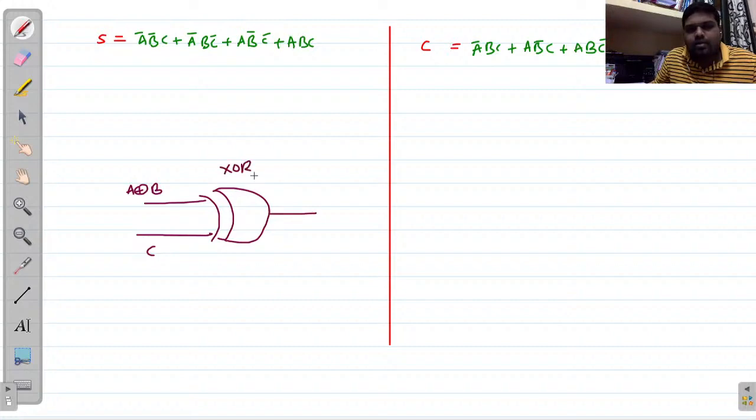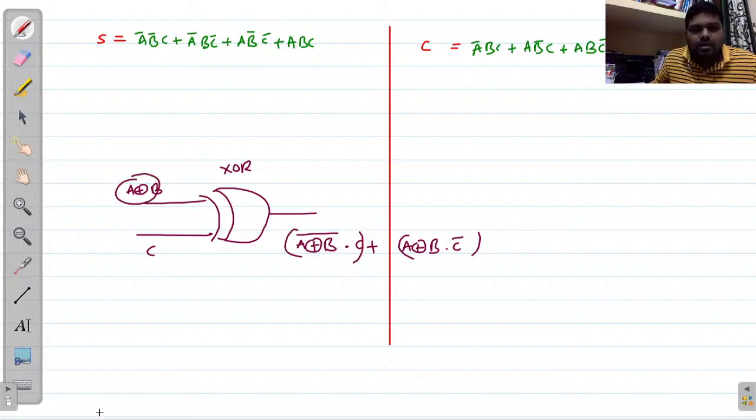Now what you will get is, I am taking A XOR B whole bar into C plus A XOR B into C bar. This is one product term, this is another product. Already you know A XOR B is A bar B plus A B bar. That means one is complemented and another is uncomplemented product term, right?